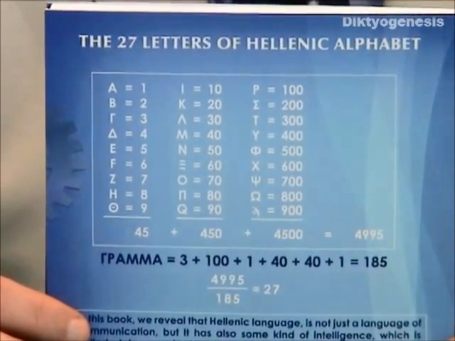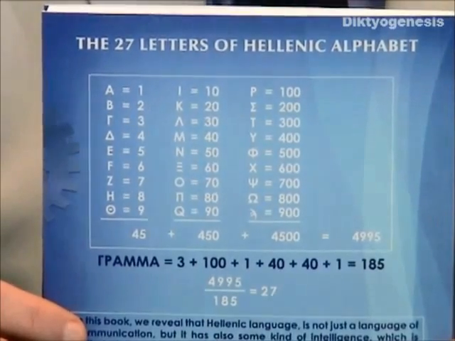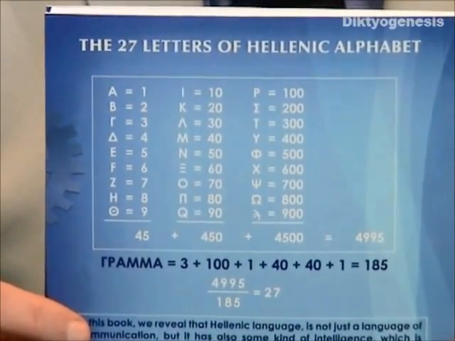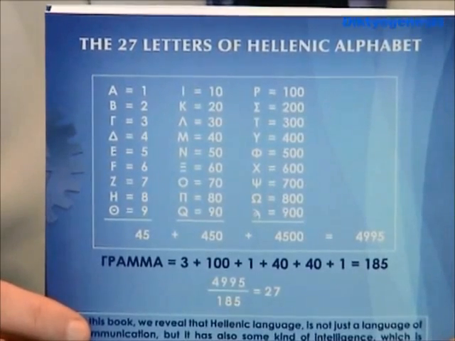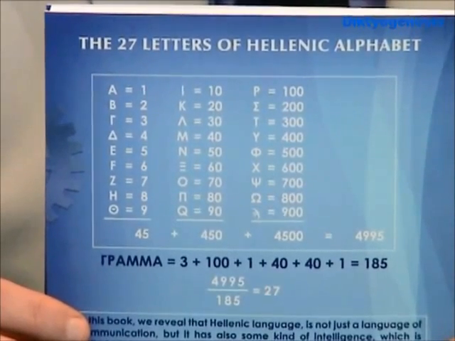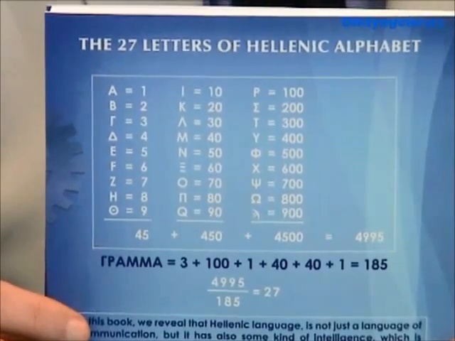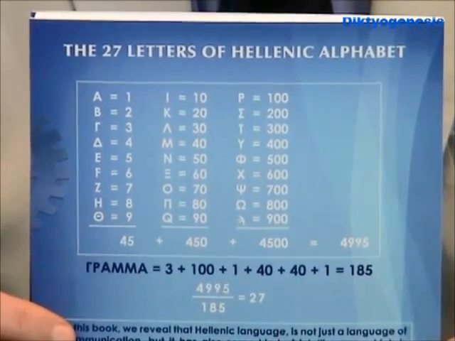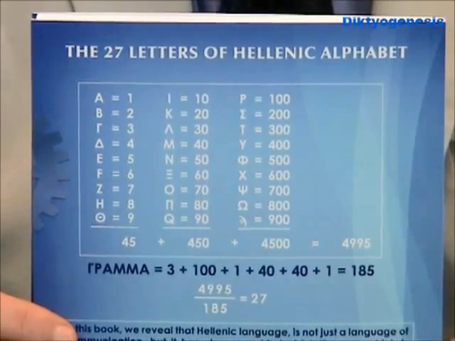Now we have to explain and present something very important which proves that the Hellenic alphabet is a very important tool in this spiritual computer which is called Hellenic language, and we will prove that it knows its constructive data.